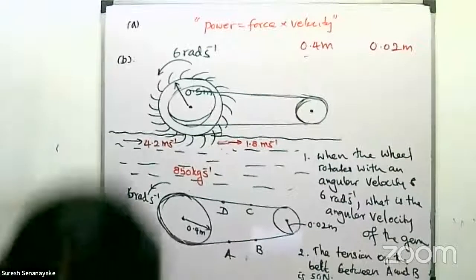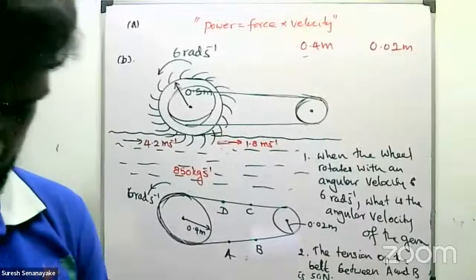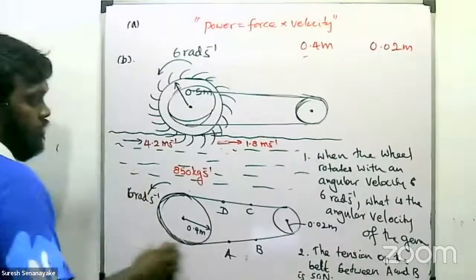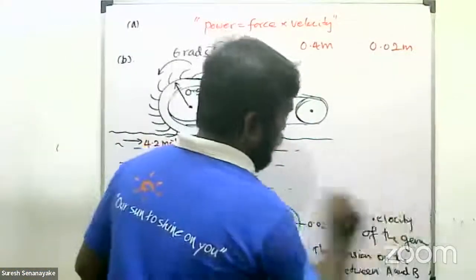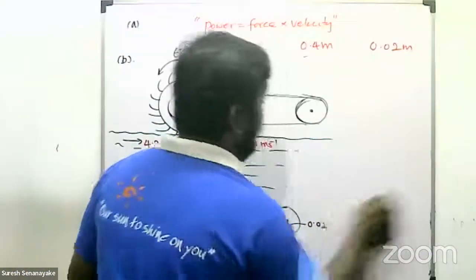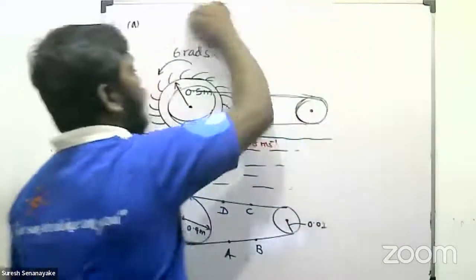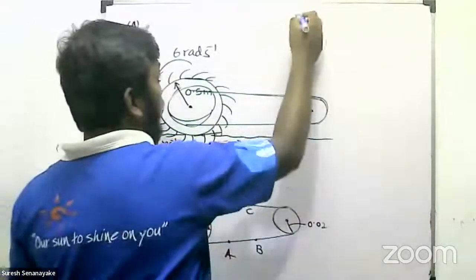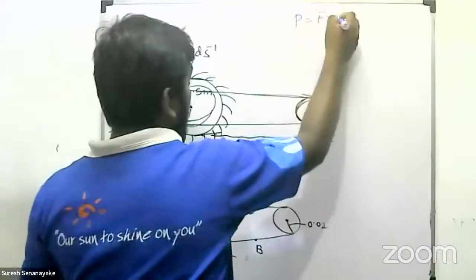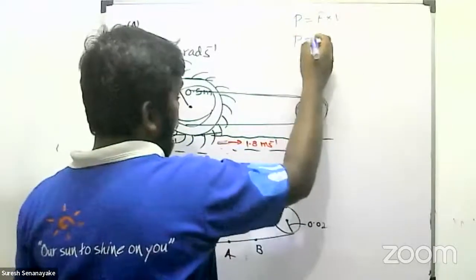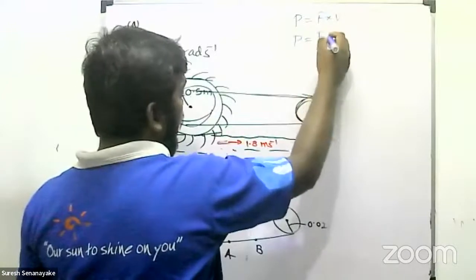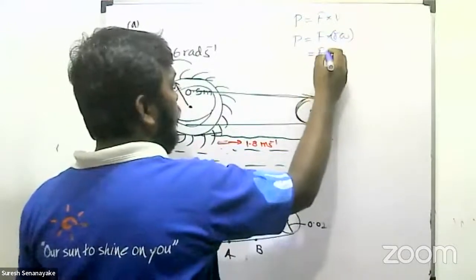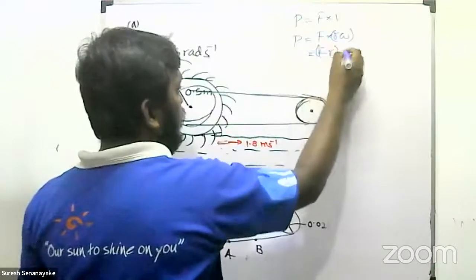Let's see how to do the first part. The symbol I use for power is P, and for the velocity v. The velocity v you can write as equal to r omega. That's F into v is F r omega.